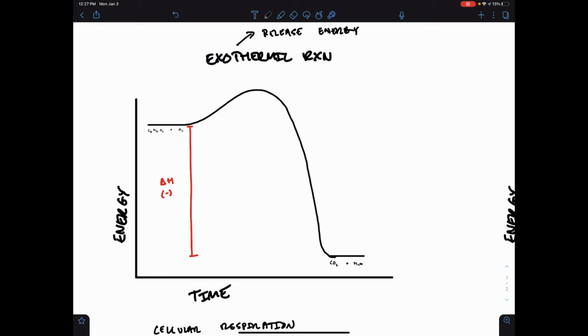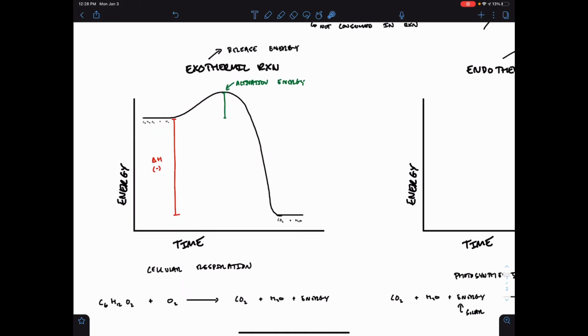And this distance between the initial energy of the reactants and the energy we need to provide to get the reaction started is called the activation energy, but I'm going to put it here. And again, it's the measurement from here to here. It's this whole distance. So this is our activation energy.